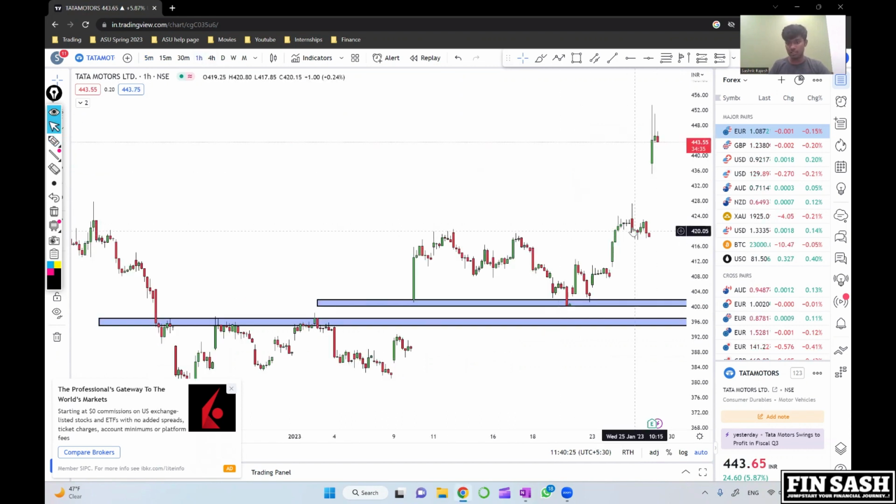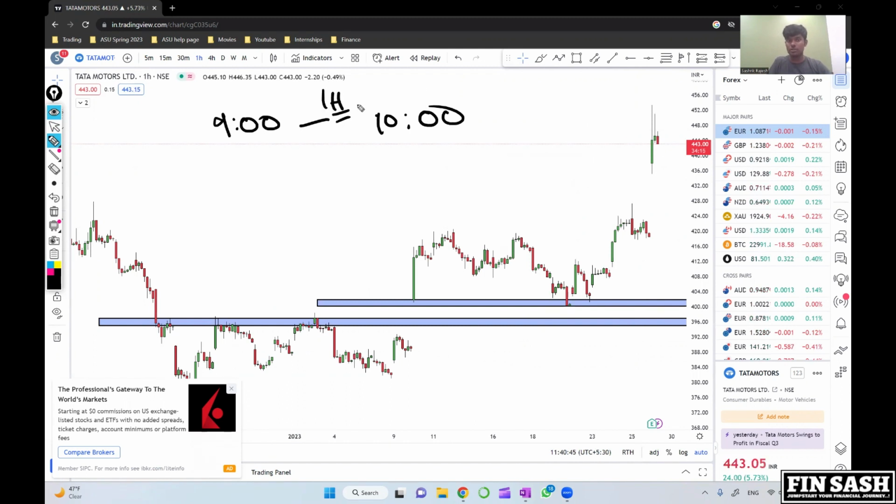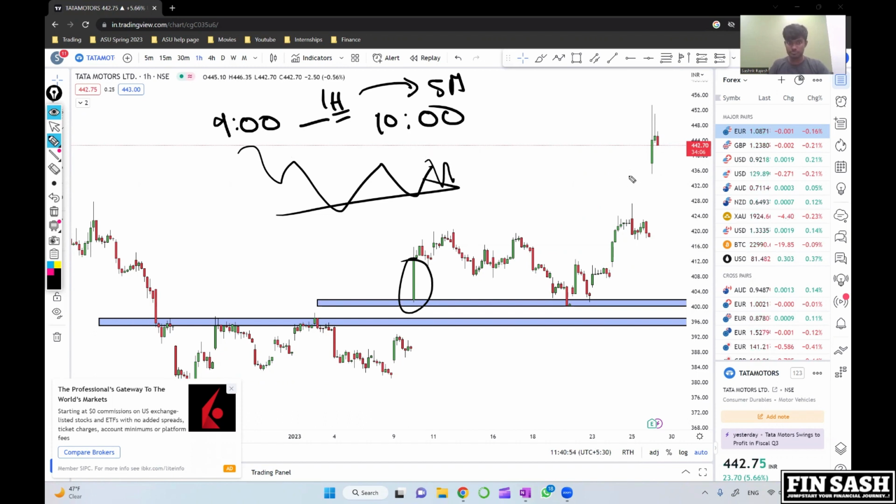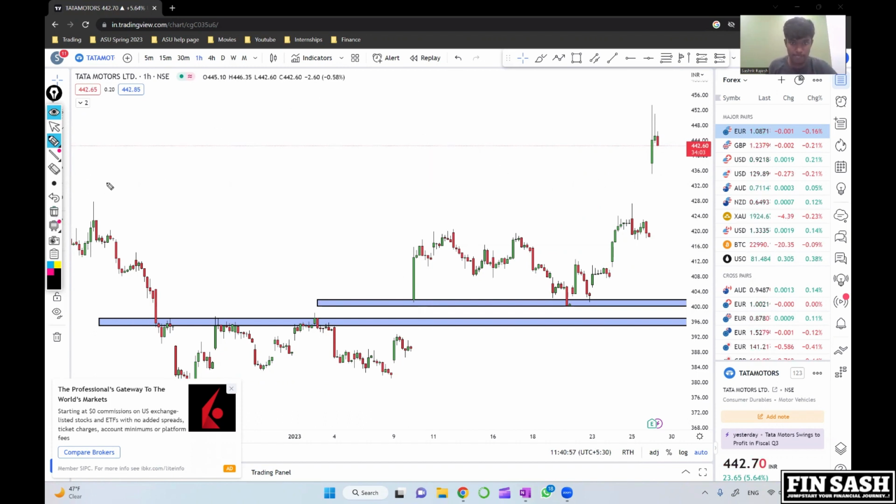So if you go to the 1 hour time frame, this candle represents the movement for 1 hour. So if we go to a smaller time frame, we can see the movement from, for example, 9 o'clock to 10 o'clock, that's 1 hour, right? But we can come down to a 5 minute time frame and see the candlestick movement for 5 minutes too. Hopefully that makes sense, right?